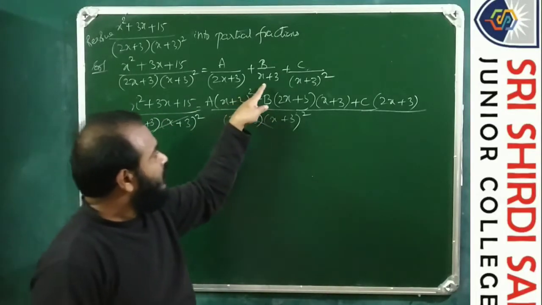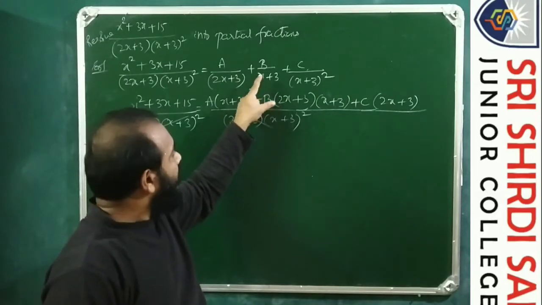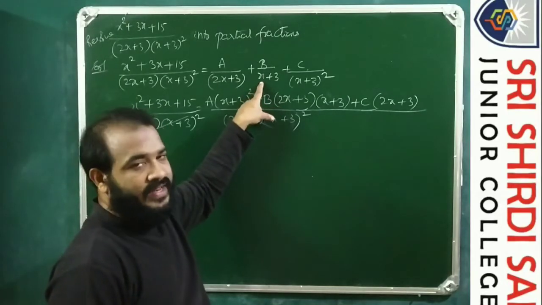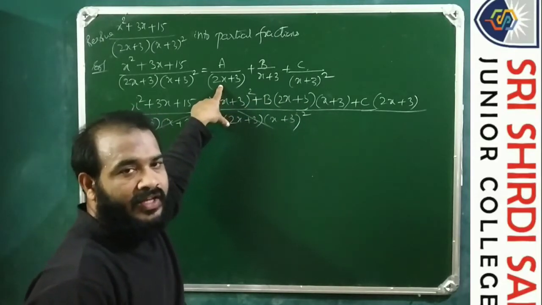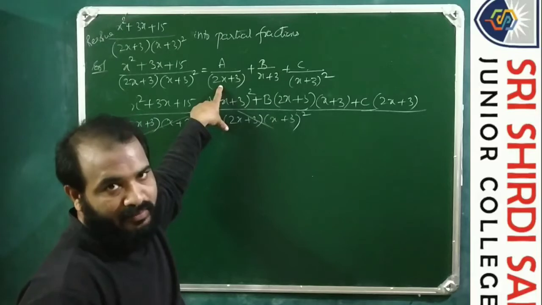So here x plus 3 is a linear factor equated to 0, x equals to minus 3 we can use. And similarly 2x plus 3 is a factor equated to 0, x equals to minus 3 by 2.